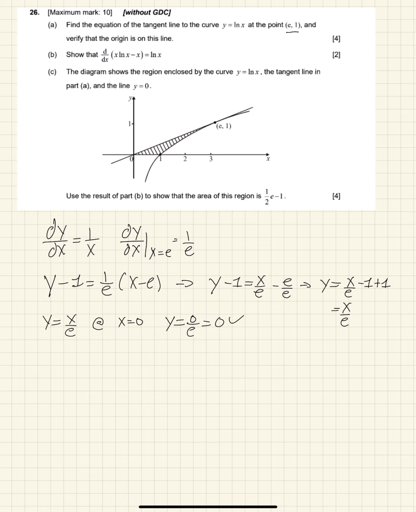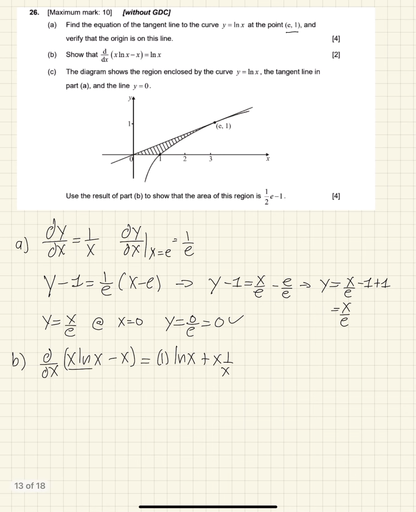Very well, that should clarify part A. For B, we want to show that the derivative of x ln x minus x is equal to ln x. So the derivative of x ln x minus x. So that's going to be the derivative of the first, which is x, times the second, plus the first, times the derivative of the second.